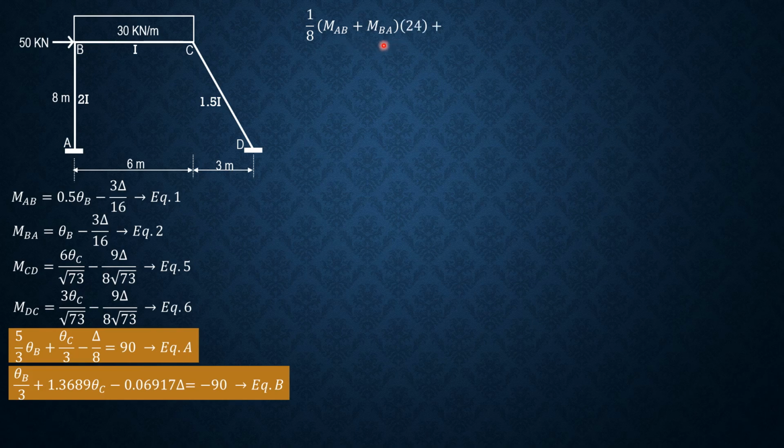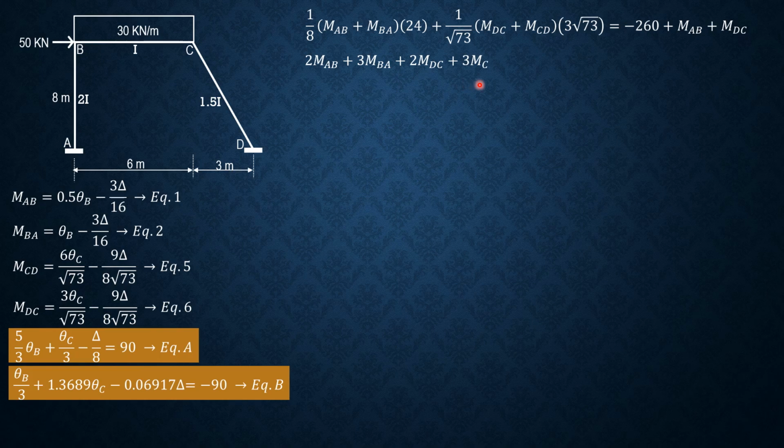1/8 of MAB plus MBA times 24, 1 over square root of 73 of MDC plus MCD times 3 square root of 73 equals negative 260 plus MAB plus MDC. So combining like terms, simplifying, we have 2MAB plus 3MBA plus 2MDC plus 3MCD equals negative 260.